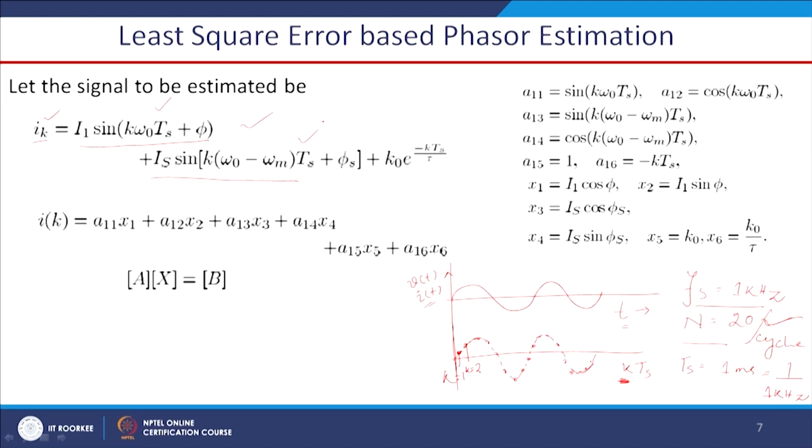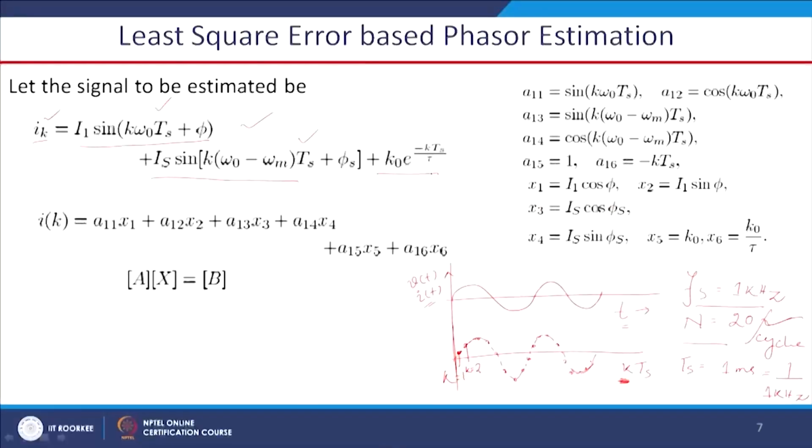This is a very important term. Already we have discussed that this particular phasor estimation based technique allows us to estimate the subsynchronous frequency component of the voltage or current signal. And the last one is the decaying DC component, that one also we can estimate using this phasor estimation based technique.